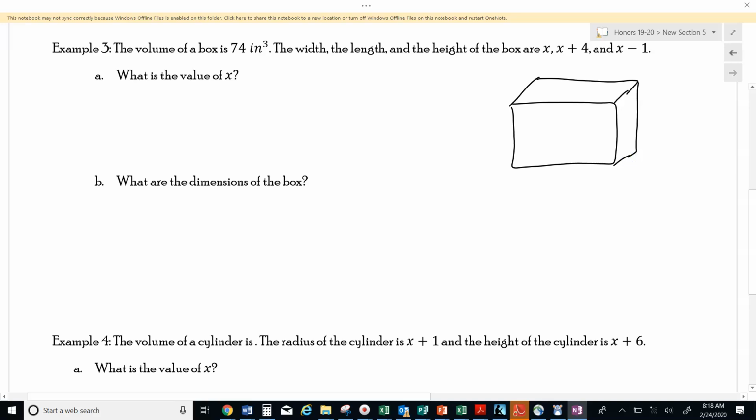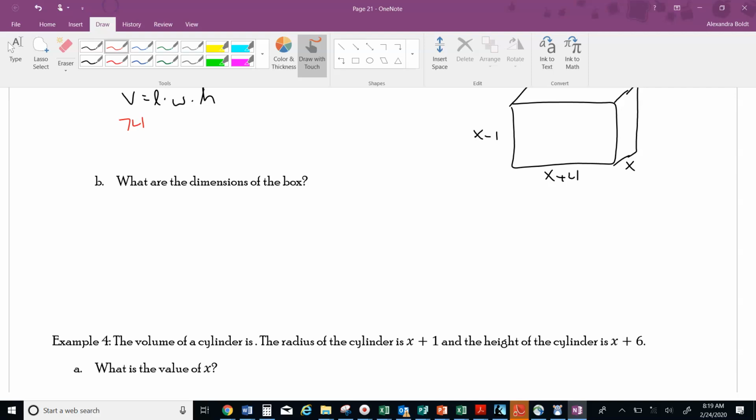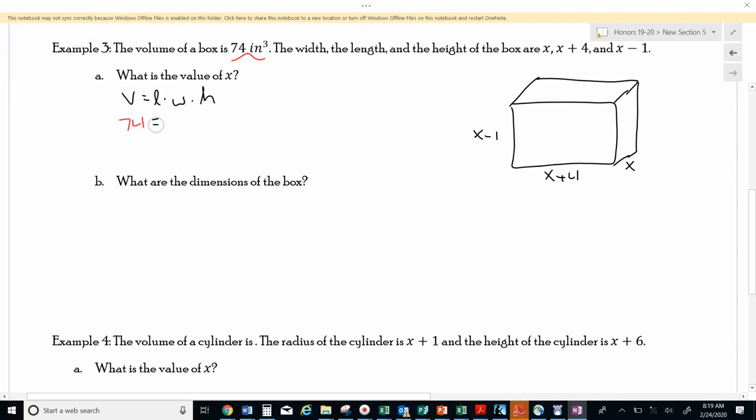The length is x plus 4, and then our height is x minus 1. So volume equals length times width times height. I know my volume is 74, and my length, width, and height are all here.